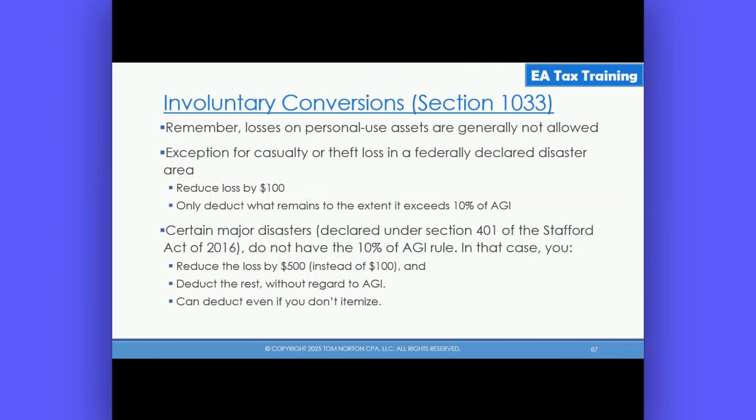You don't have to itemize in order to deduct that amount. But again, that is only for certain disasters as declared by Congress. Unfortunately, they do not declare very many disasters as being a Stafford Act disaster. But if they do, then you get this larger deduction, and you can deduct it even if you don't itemize.